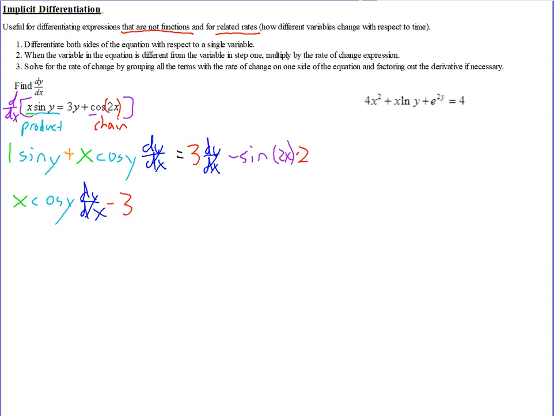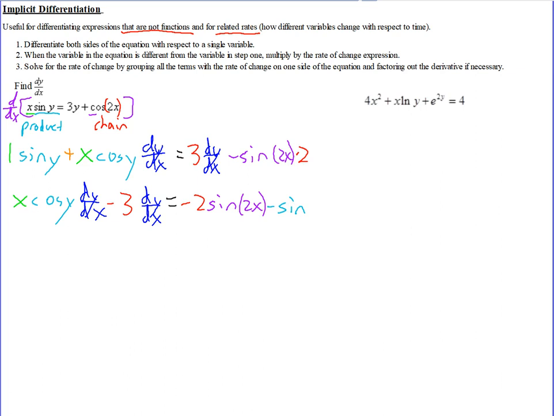You get all the dy/dx terms on the left. And then I'm going to put the 2 out in front with a negative, so I'll leave this negative 2 sine of 2x over here. And then subtract the sine y over here.